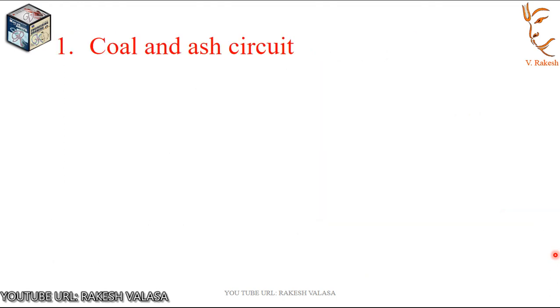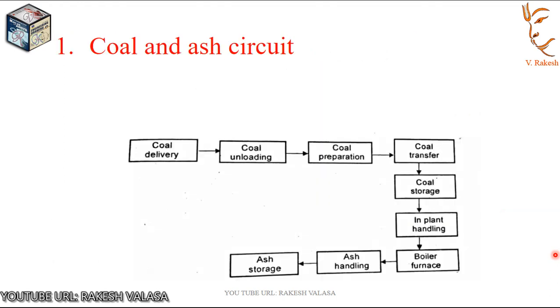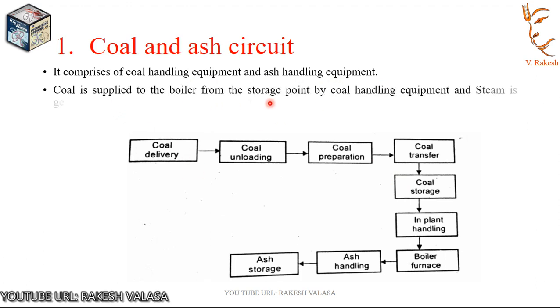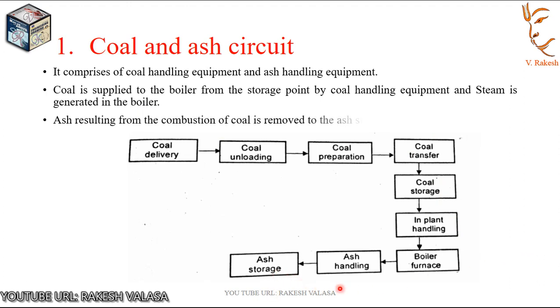First one is the coal and ash circuit. This coal and ash circuit comprises coal handling equipment and ash handling equipment. Coal is supplied to the boiler from the storage point by coal handling equipment for steam generation in the boiler. Ash resulting from the combustion of coal is removed to the ash storage yard through ash handling equipment.